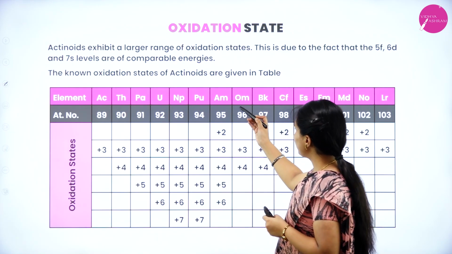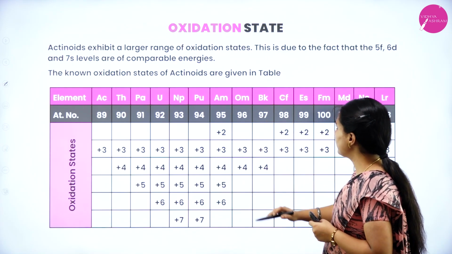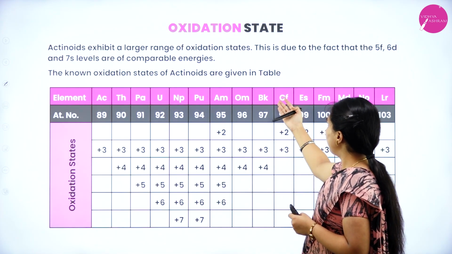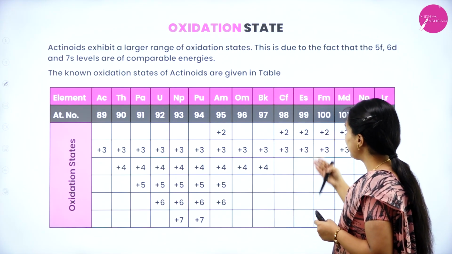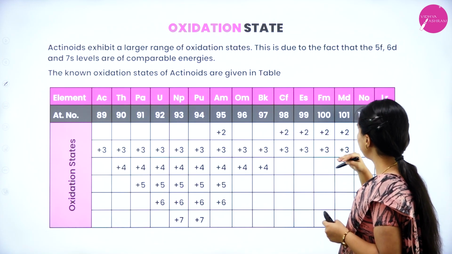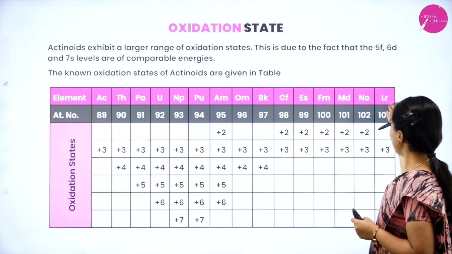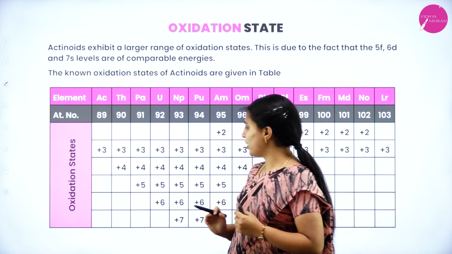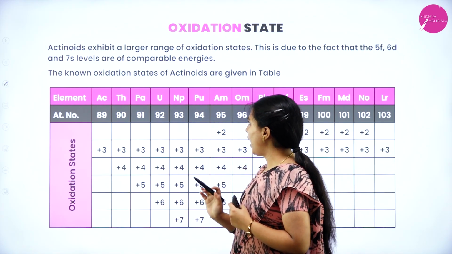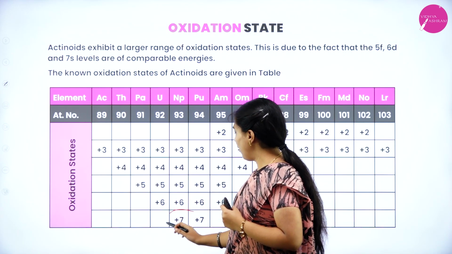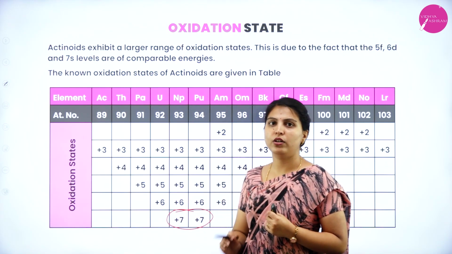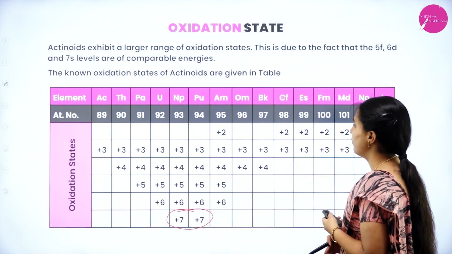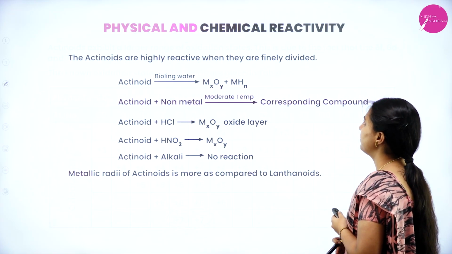And americium +2 to +6, curium +3 and +4, berkelium +3 and +4, californium +2 to +4, and so on till lawrencium +3. But the ones with the largest range are neptunium and plutonium, having up to +7 oxidation state.